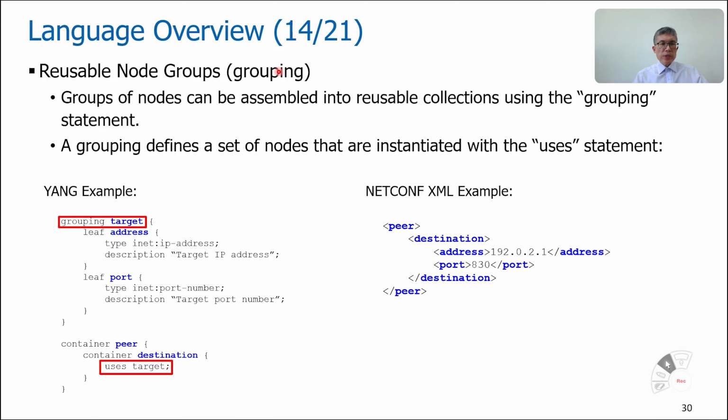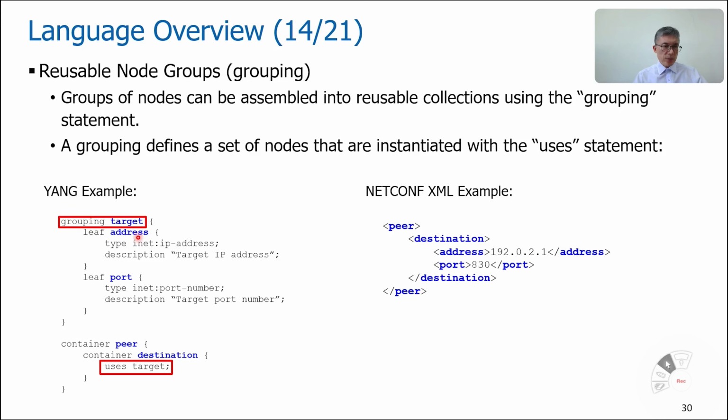So the grouping. Grouping is used to define reusable node groups. This is not an actual instantiation of a variable. This is, from a schema point of view, just grouping. So we make a group, like a target machine, consisting of an IP address and a port number.